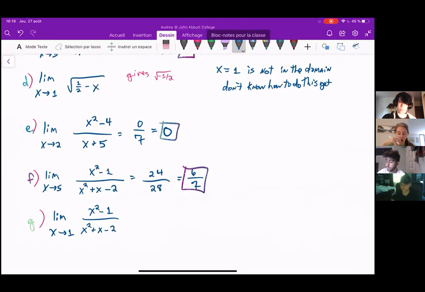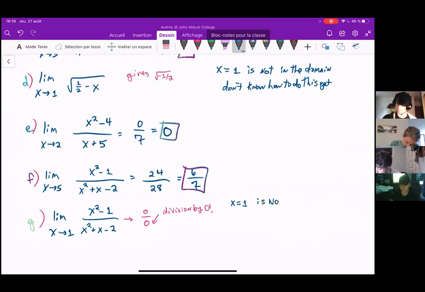I get 0 over 0. Is that division by 0? Yes. So is x equals 1 in the domain of this function? No. So can I use the theorem? No. I don't know how to do this yet.